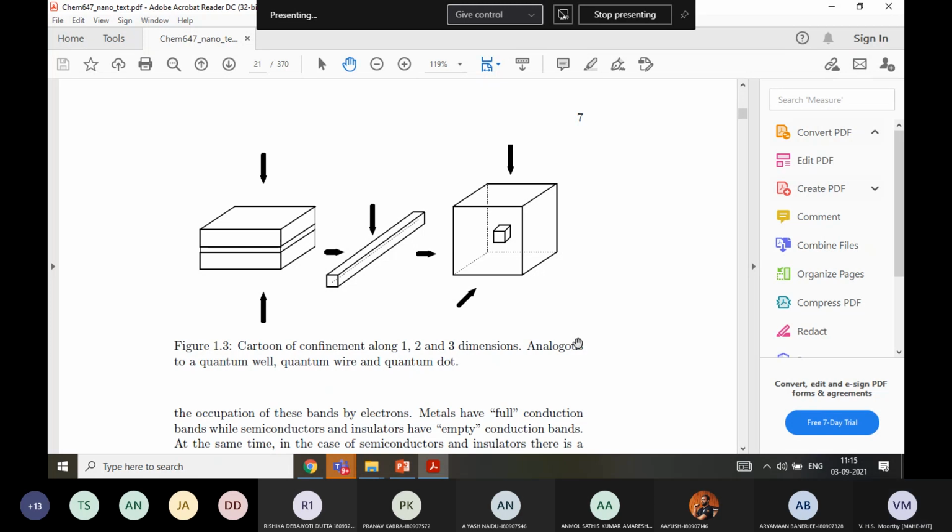So let us think we are decreasing one of the three dimensions such that the electron is unable to move in that direction. What is meant by that? All of you may be sitting in your rooms, and a room, as you know, is a three-dimensional object, so X, Y, Z directions are there wherever you are sitting.